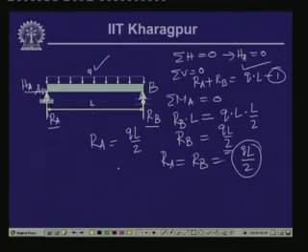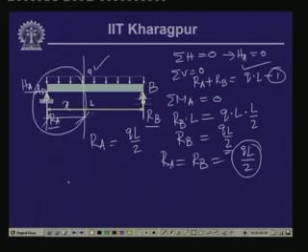Now, suppose we take a section here at a distance of x and draw the free body diagram of the left part of the beam.